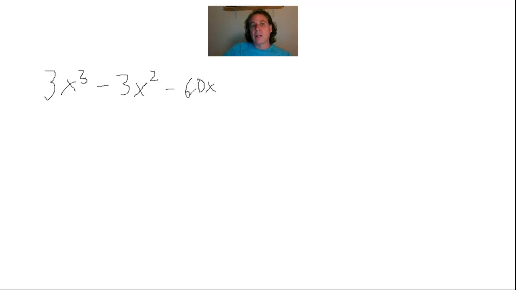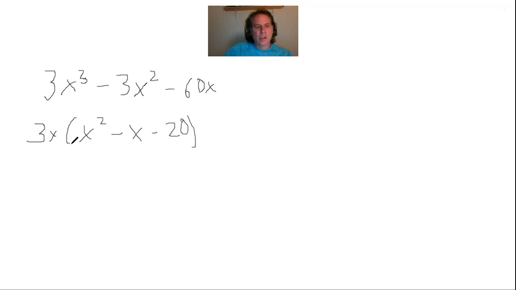So in a question like this, I see, hey, I can common factor first. So first I common factor and I say, okay, 3, and I've got at least one x in each term, so 3x is my common factor. And when I do that, I'm left with x squared minus x and minus 20.